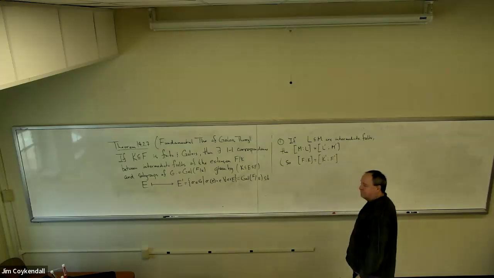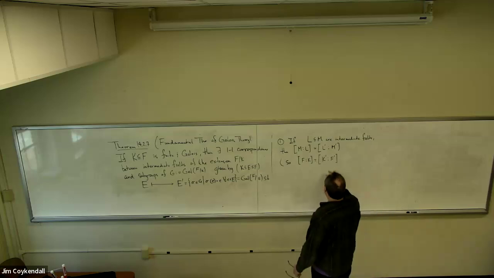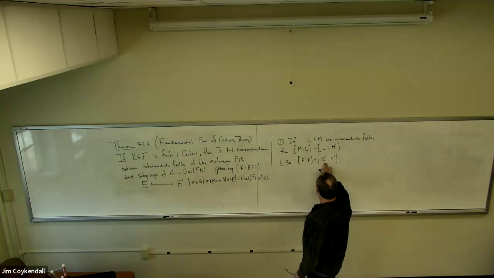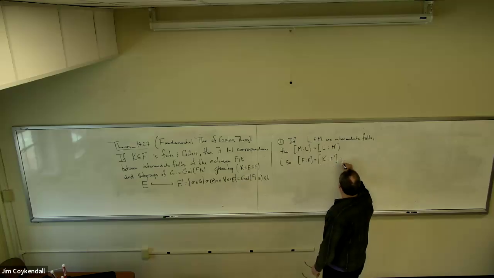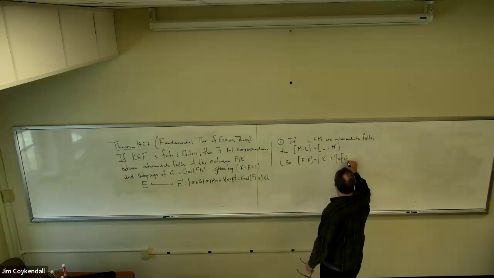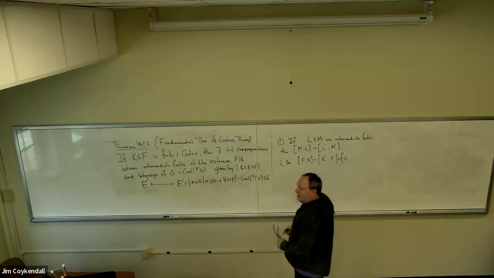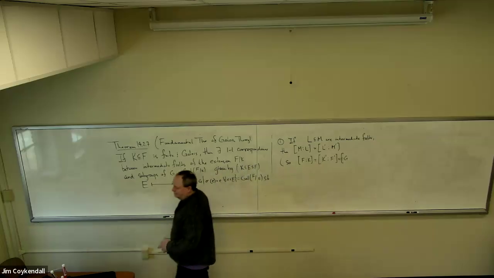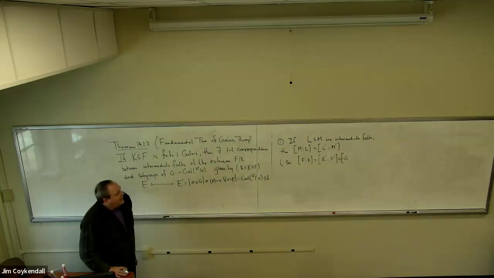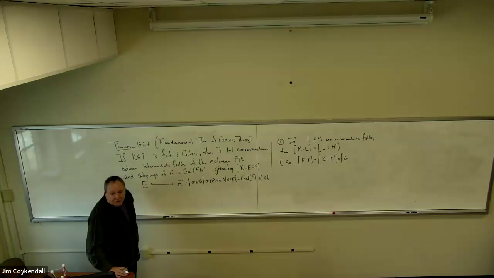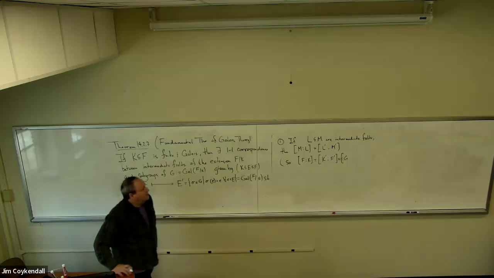But K prime is, well, this is the index of G, because K prime is the set of everything in the Galois group that fixes K, which is everything in the Galois group.